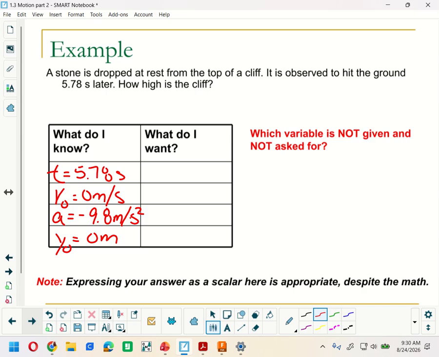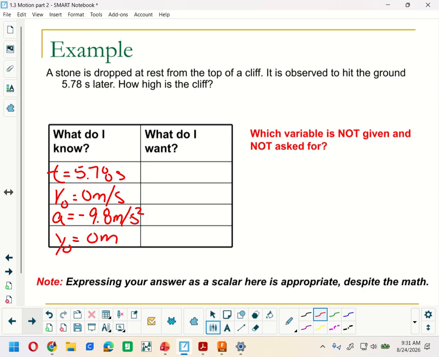I'm starting from sitting here in my hand. I'm not throwing it. So my initial y value is 0. So when I let go of it, bam. My initial velocity, 0 meters per second. My initial position is 0 meters. My acceleration is negative 9.8 meters per second squared.